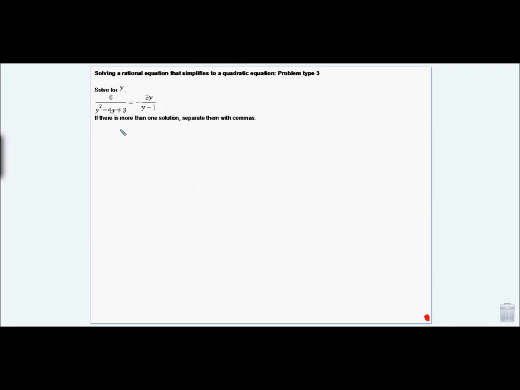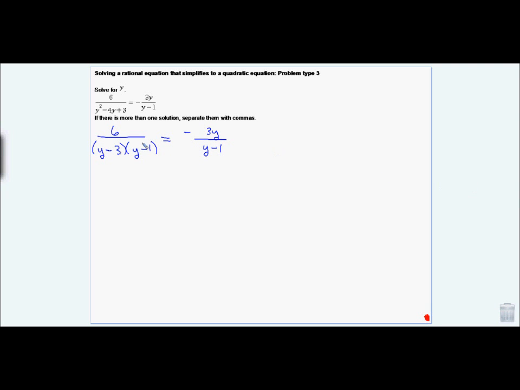Let's try one more of these. 6 over y squared minus 4y plus 3. Actually, we don't need to rewrite that. I'm looking for factors of 3 that will give me a sum of negative 4. The only factors of 3 are 1 and 3, and luckily those add right up to negative 4.